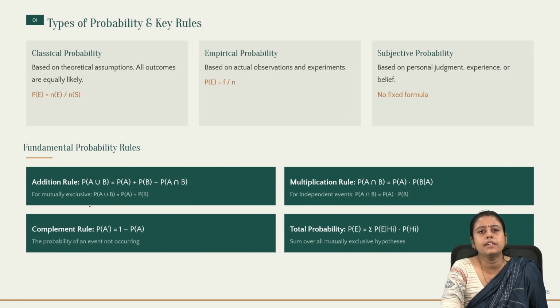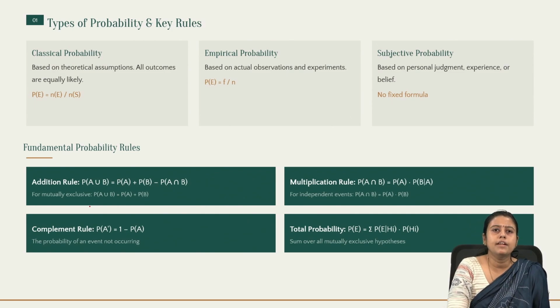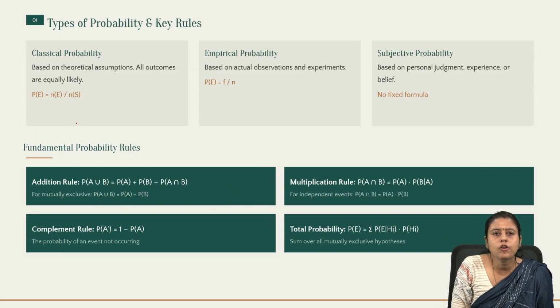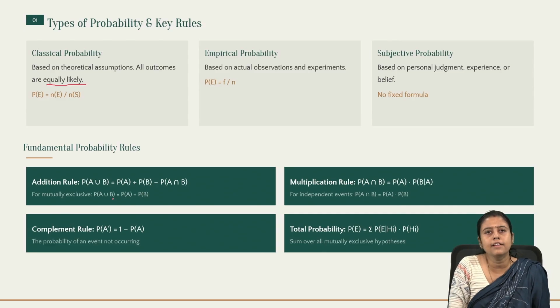Now, probability types. Probability types are basically 3 types. One is called the classical probability, based on theoretical assumptions, and here all outcomes are equally likely. What is the meaning of equally likely? Any outcome may happen.